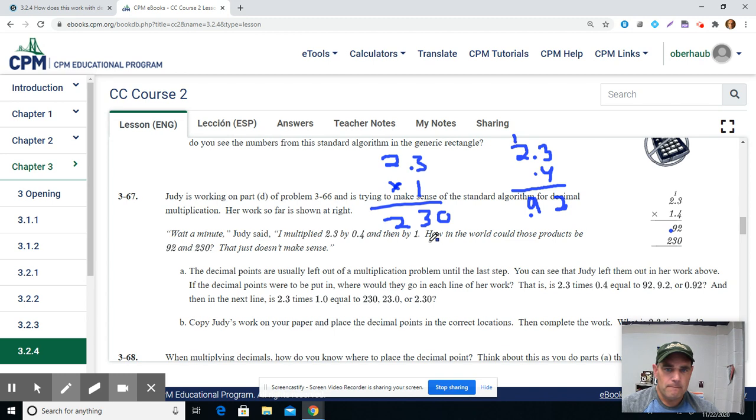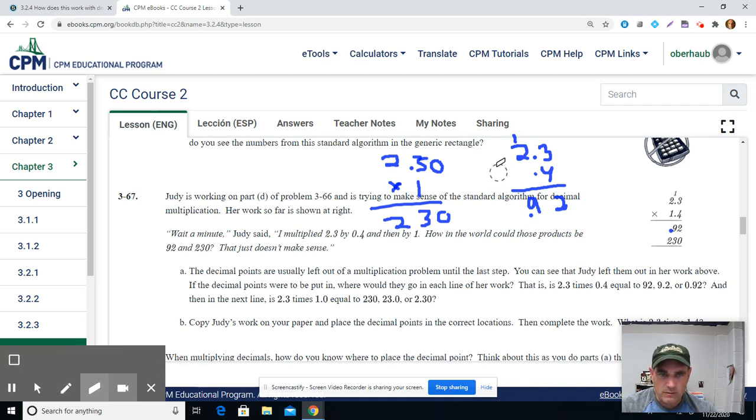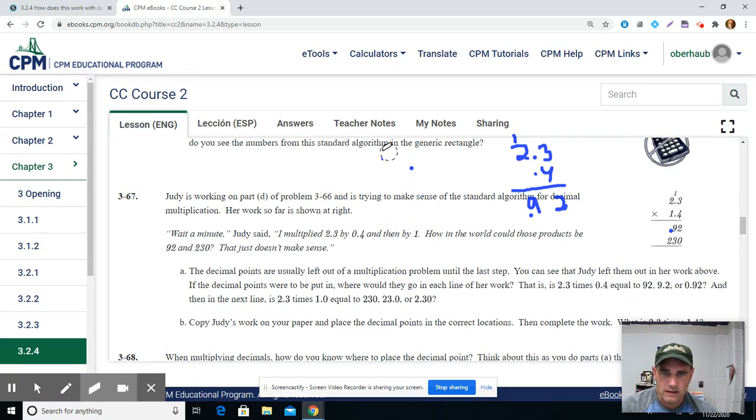So we have 2.50, or say, wait, that's not a 5, that's a 3. Sorry about that. Let's start over on this part of it. All right, so erase that.